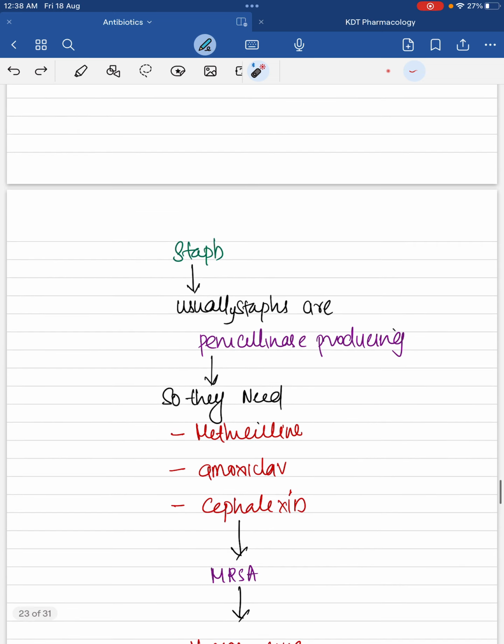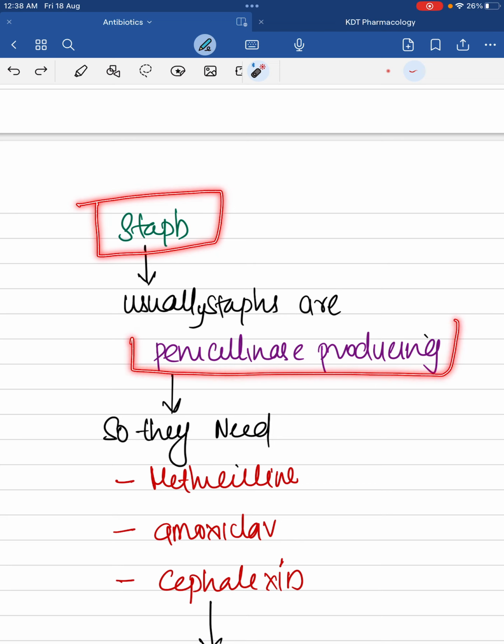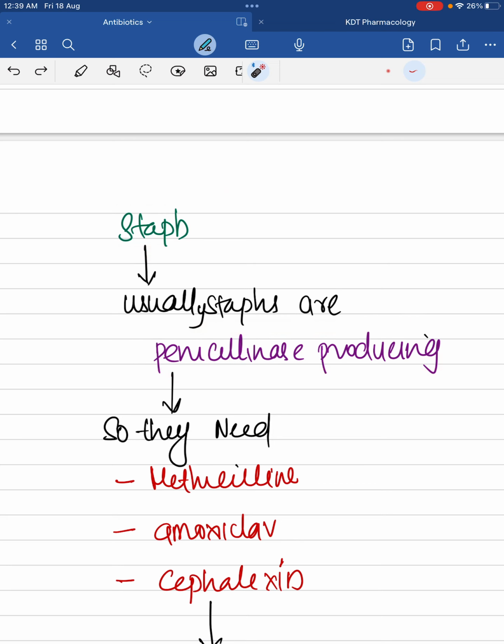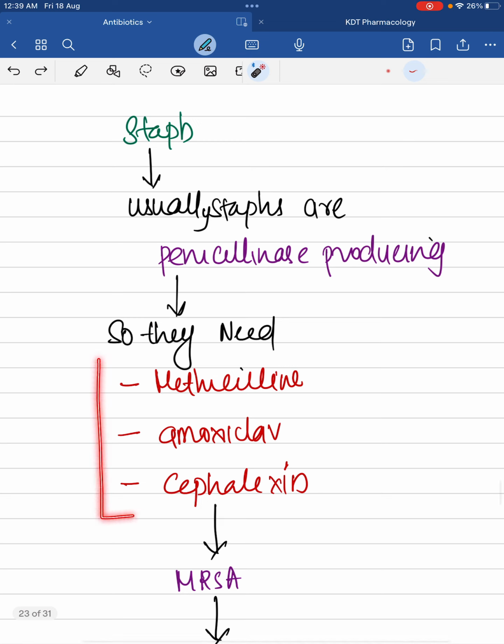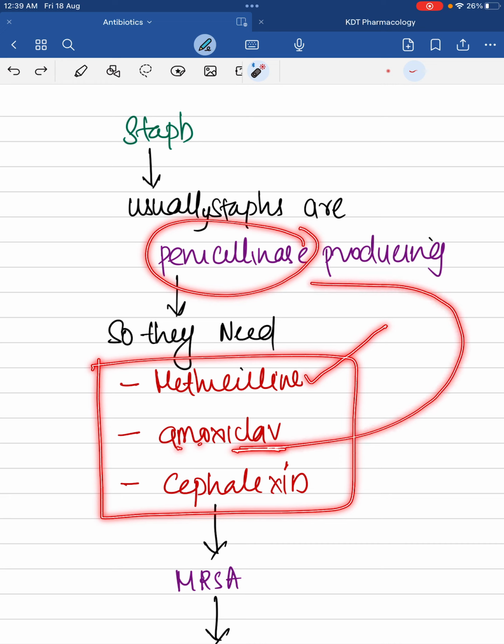So now, from the discussion up to this, you see Staphylococcus, the majority of them will produce penicillinase. So we have to give either of these, because methicillin can overcome the penicillinase. In amoxiclav, the clav can overcome the penicillinase.